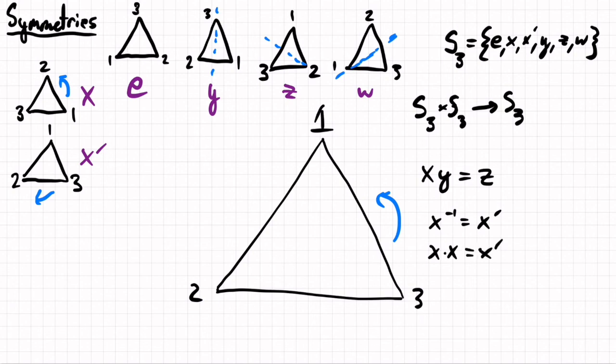And when mathematicians talk about this, we don't even call this X prime. We just call it X squared, right? This is X squared. And in fact, when we have Z, we call Z XY. We want to have as few letters as we can.